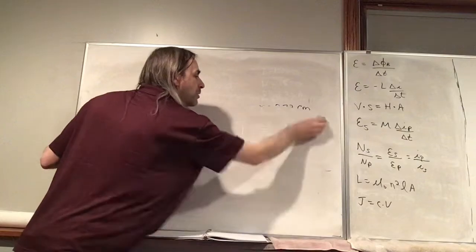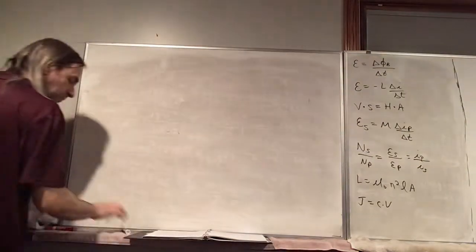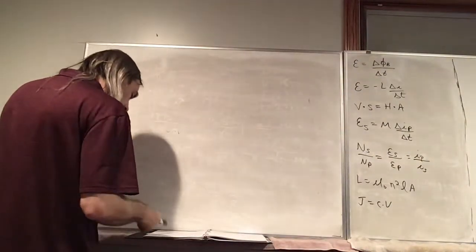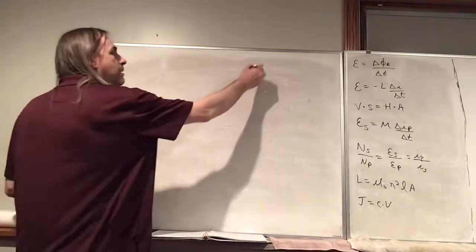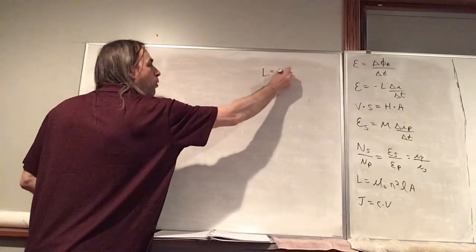Let's look at problems 2 and 3. So suppose you wish to make a solenoid whose inductance is 1.4 millihenries.